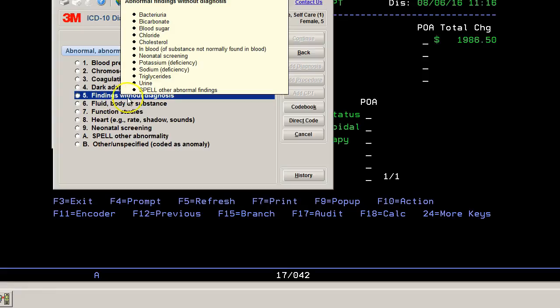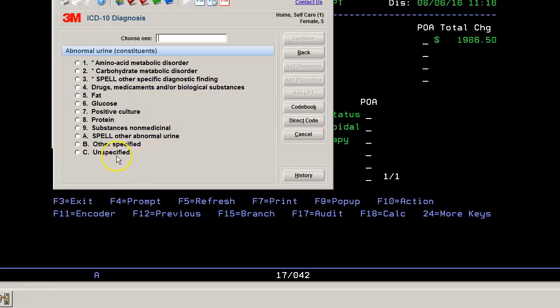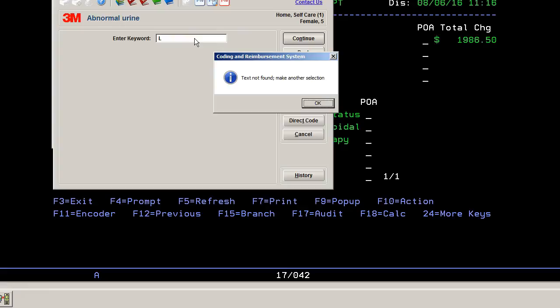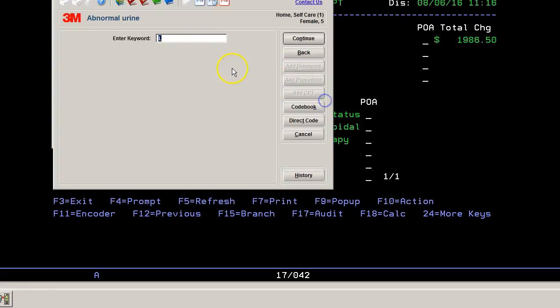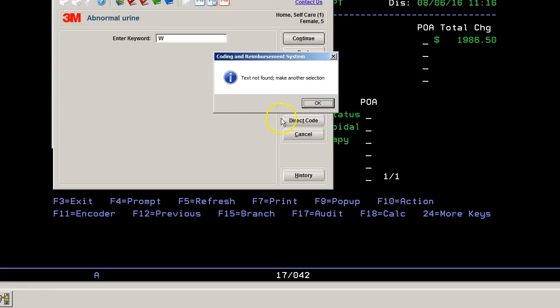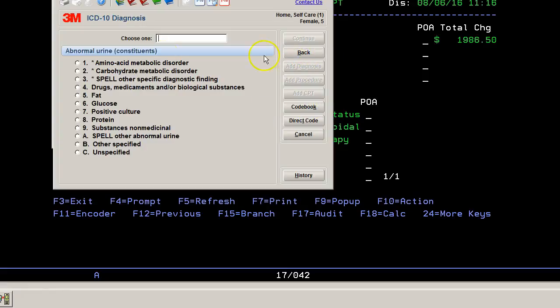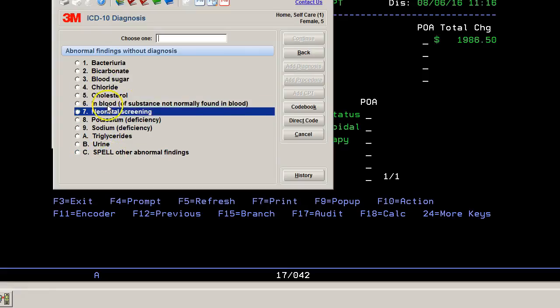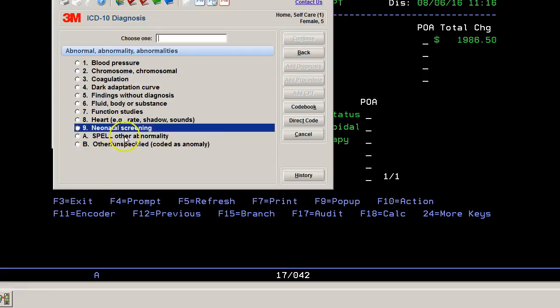Let me see. Urine. And we can spell, he says esterase. Nope, electrolyte level. Let me verify what he says is positive. Leukocytes. White blood cells. Nope. Let me go back. So this is one of the reasons why it's not really good to use this, because you have to type your wording in and search for it.